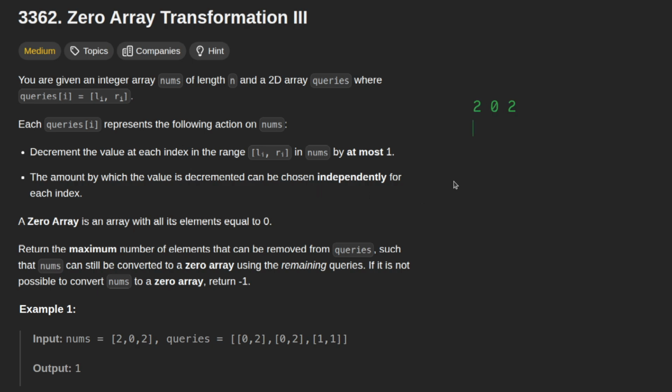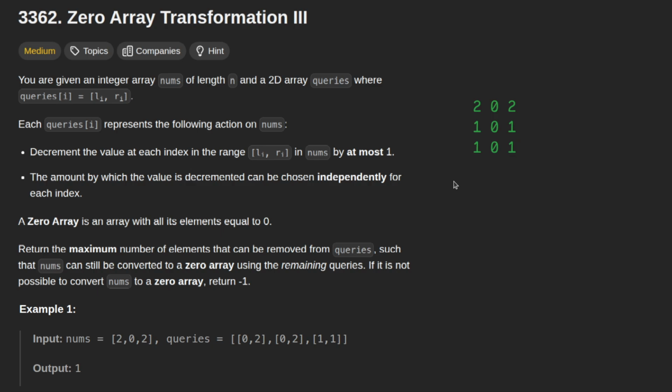After performing query 1, that is from 0 to 2, that is indices 0, 1, 2, I can either subtract 1 or subtract 0. So if I subtract 1 from the first element, 0 from the middle element and 1 from the last element, I get [1, 0, 1] as my answer, right?